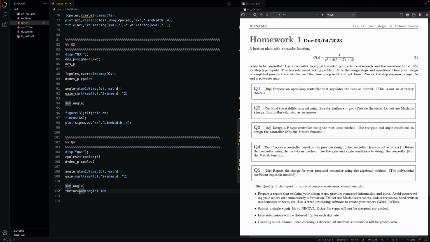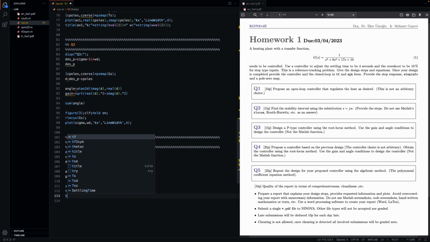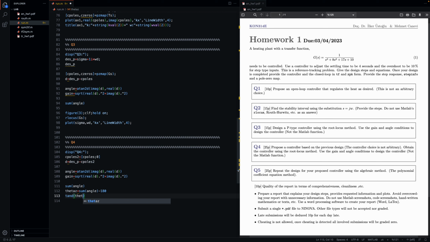Now, what would this mean? Well, we know what the imaginary part of this is, and we know the angle. So we could use tangent, so tan of theta z. We could use this, which would be equal to omega d, which is the imaginary part of our design point, since we are on the real axis, since we're adding a 0.